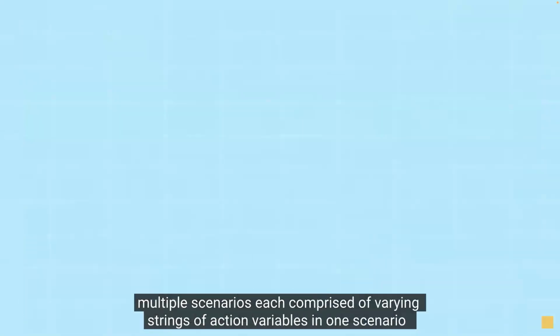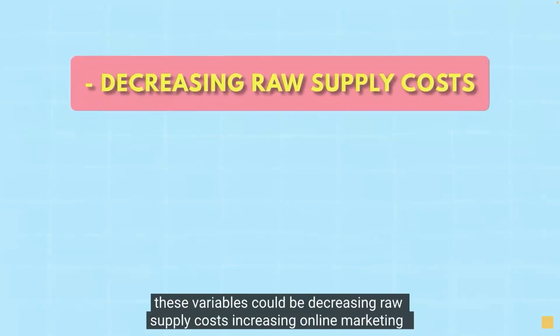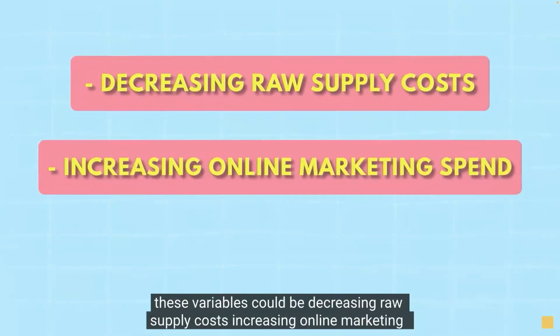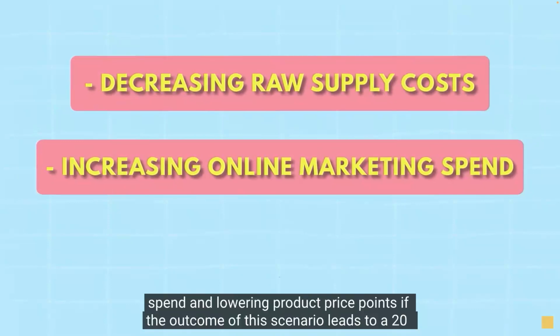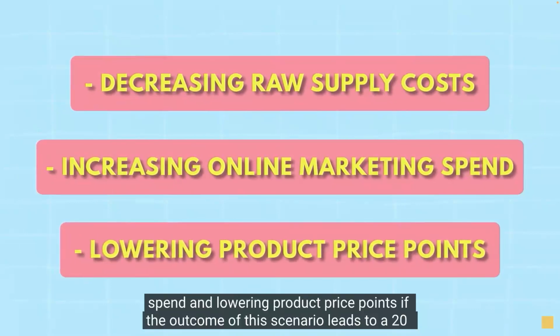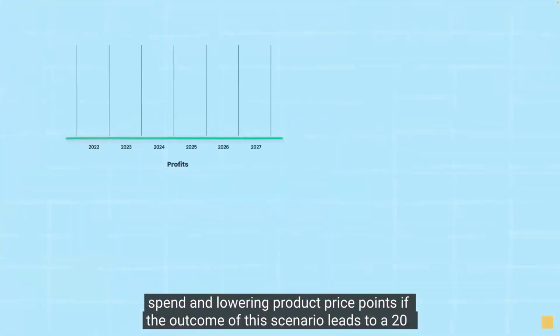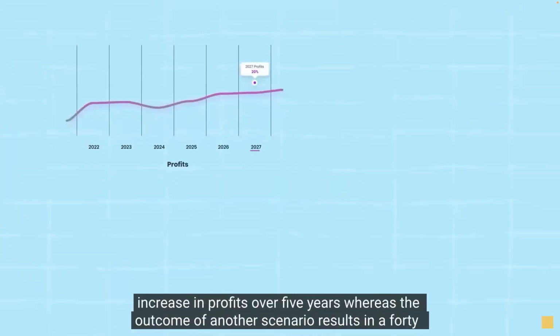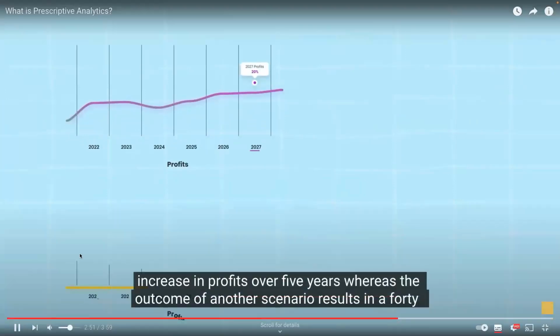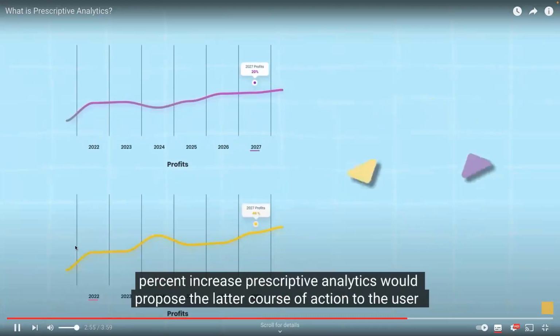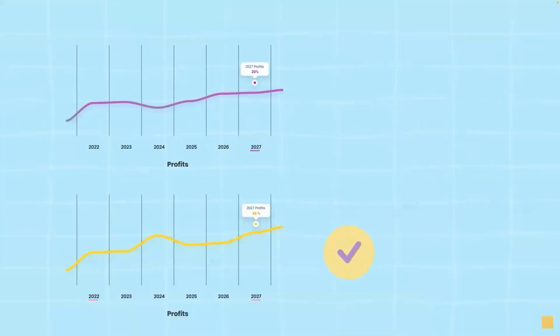In one scenario, these variables could be decreasing raw supply costs, increasing online marketing spend, and lowering product price points. If the outcome of this scenario leads to a 20% increase in profits over 5 years, whereas the outcome of another scenario results in a 40% increase, prescriptive analytics would propose the latter course of action to the user.